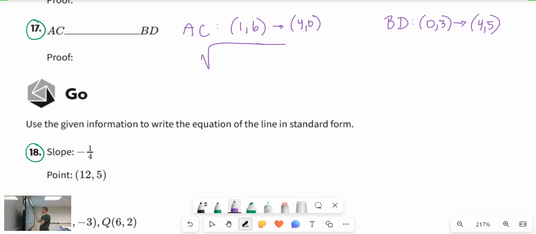1, 6 to 4, 0. We'll do the x's first. Doesn't really matter. But we'll do the left minus the right. Let's do that. 1 minus 4 squared plus 6 minus 0 squared. When we simplify this down, we get 1 minus 4 is negative 3 squared plus, this is just going to be 6 squared.